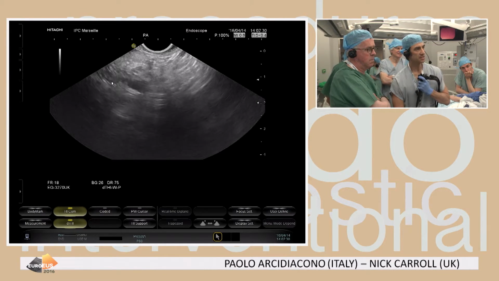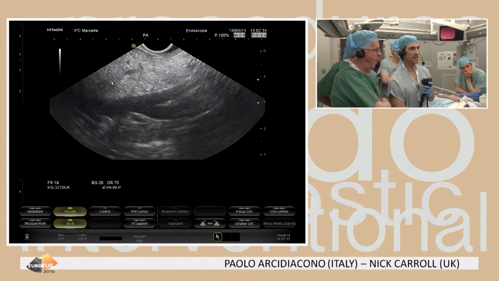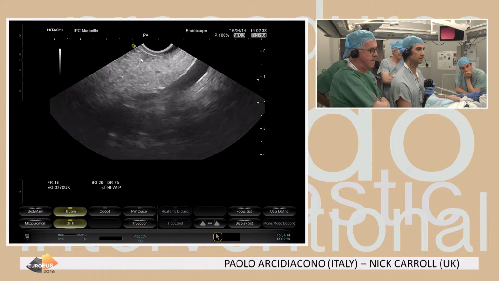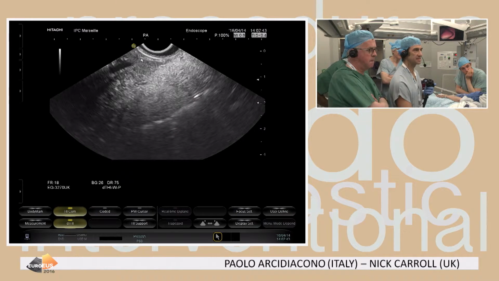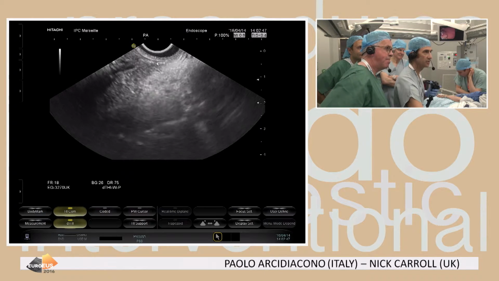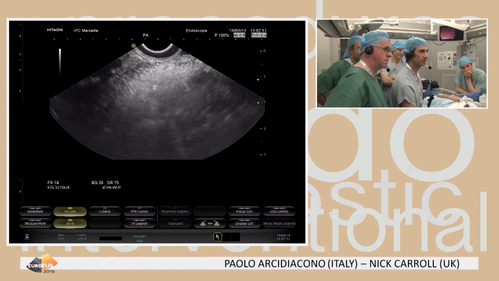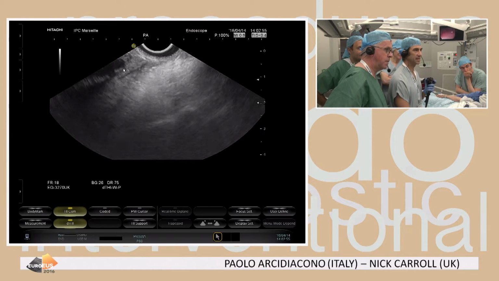This is the first duct that we usually are able to visualize when we look at this salt and pepper appearance of the dorsal part of the pancreas. Then I rotate the instrument anti-clockwise, and finally look at the papilla area here above, the ventral duct and the common bile duct here.